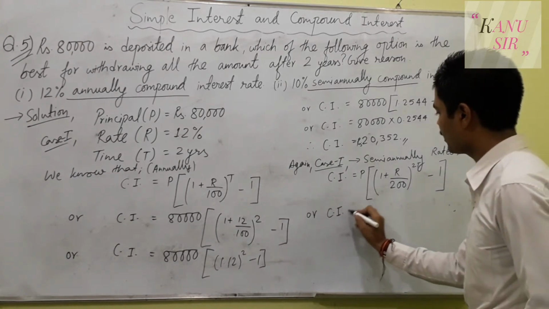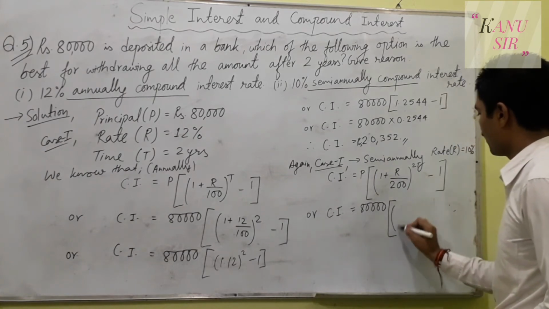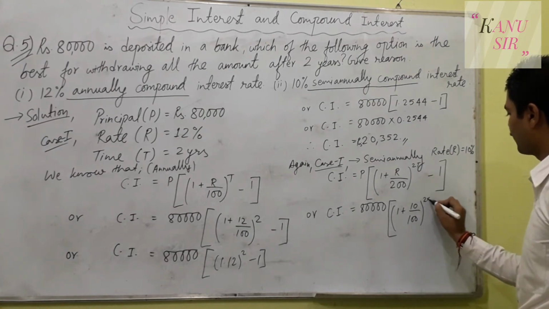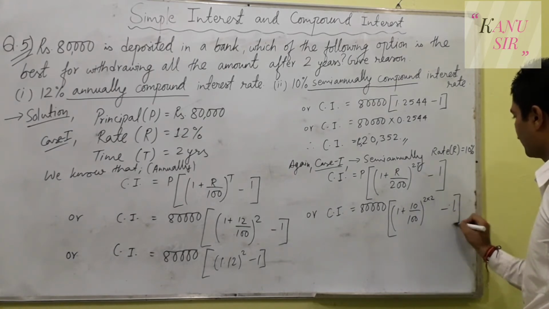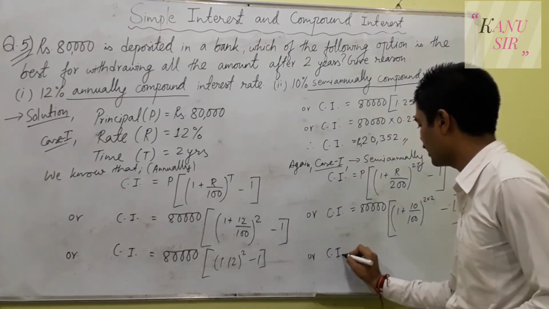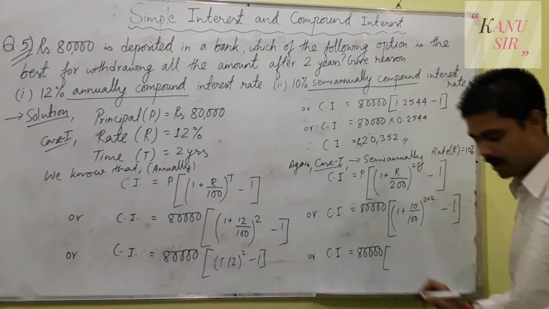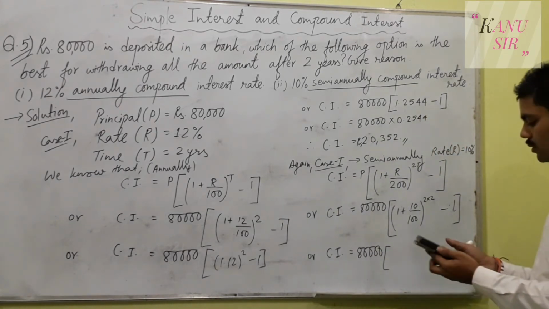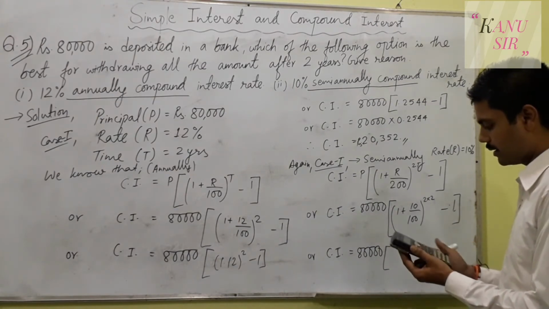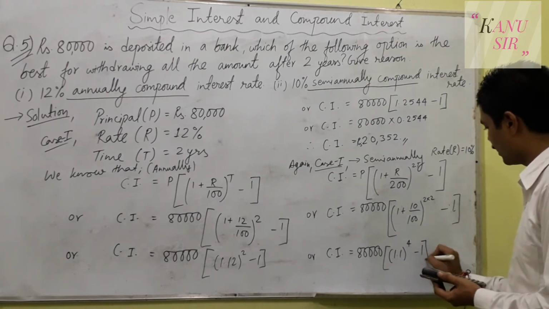So compound interest for principal 80,000 bracket 1 plus 10 by 100 to the power 2 times 2 minus 1, because the time is 2 years here. Compound interest equals 80,000 bracket 1 plus 10 by 100. In a calculator you will get 1 plus 10 divided by 100 is 1.1 to the power 4 minus 1.